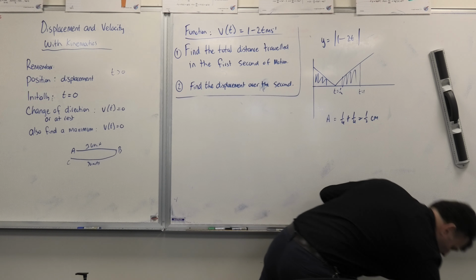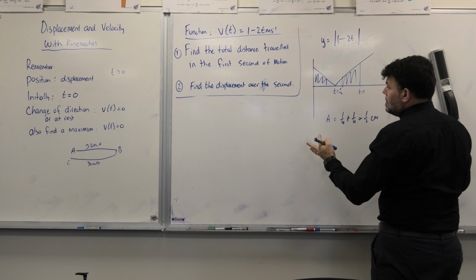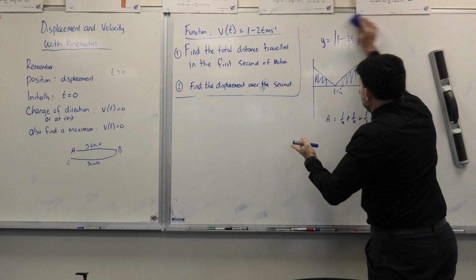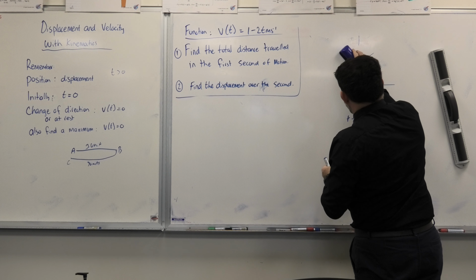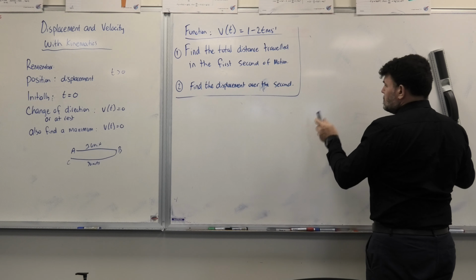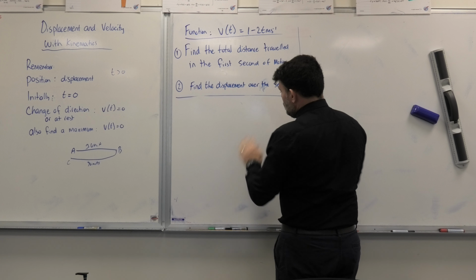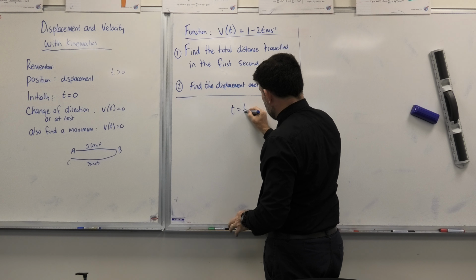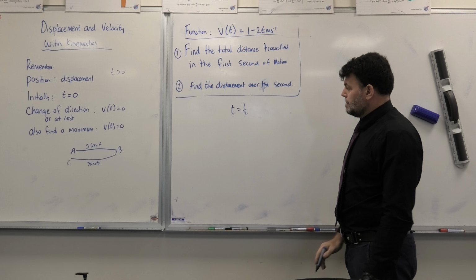The second way is, again, looking at what we're doing in terms of integration. If we look at this here, we know that we worked out when t is equal to 1/2, we've got a root there.